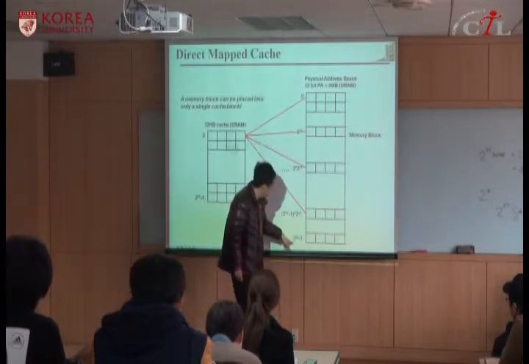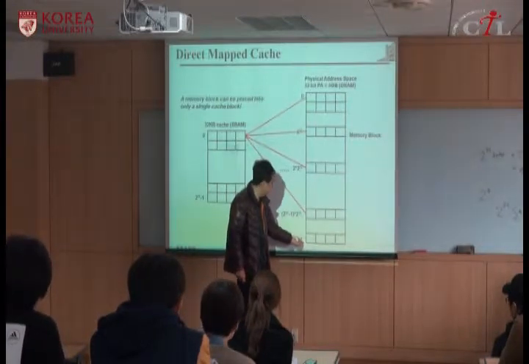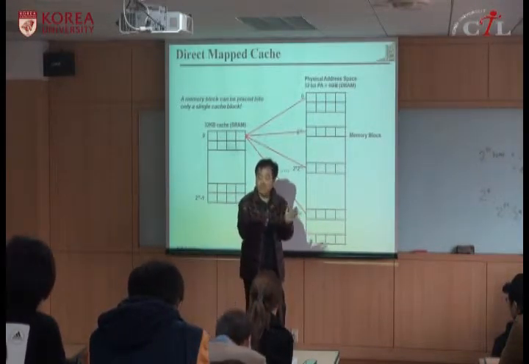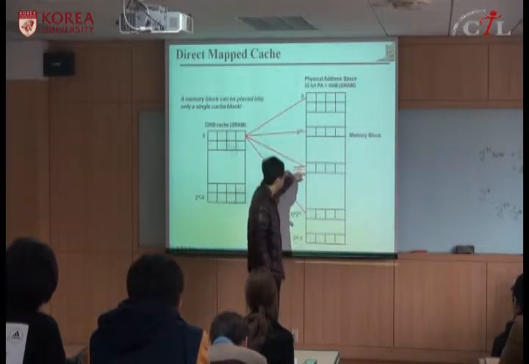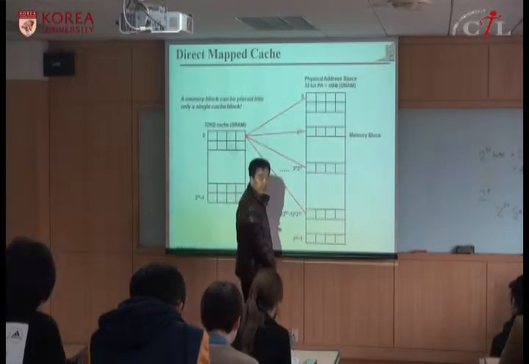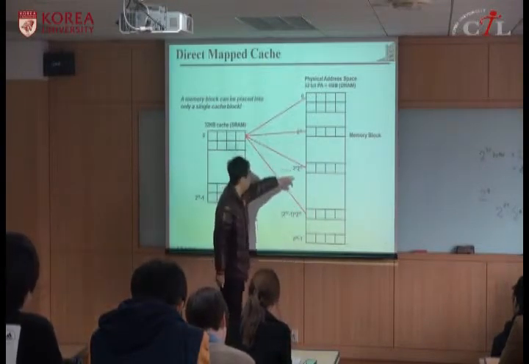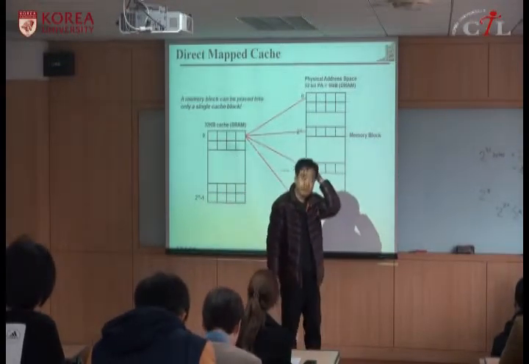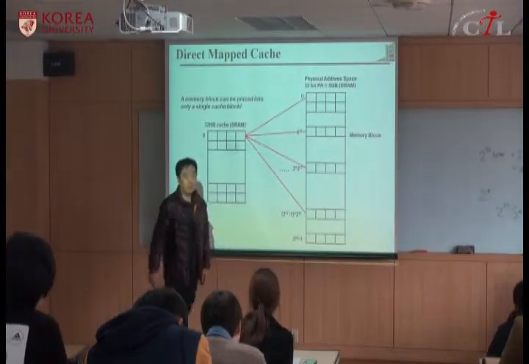So from this 28-bit address, you divide into 11 bits and 17 bits. And the lower 11 bits identify which of these cache blocks. Okay? Understood?